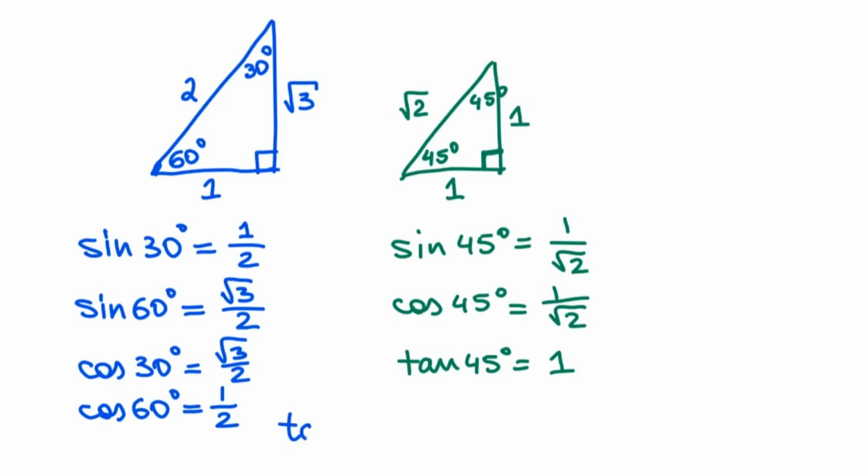Then tangent of 30 degrees is equal to opposite over adjacent, 1 over square root of 3. And tangent of 60 is equal to just square root of 3.